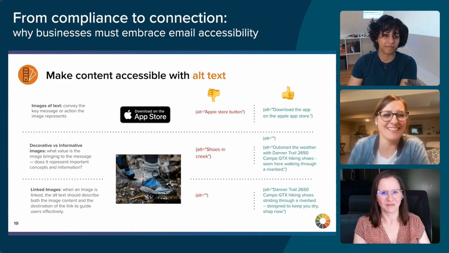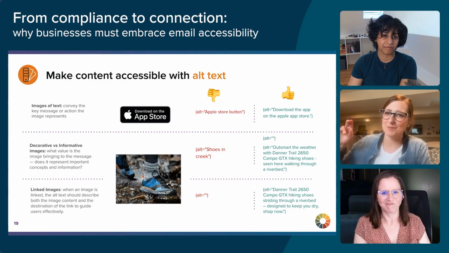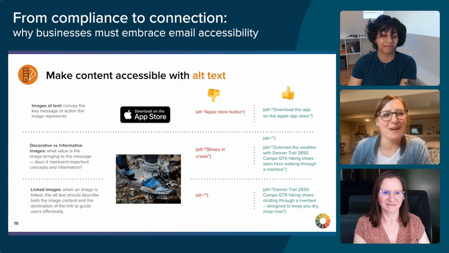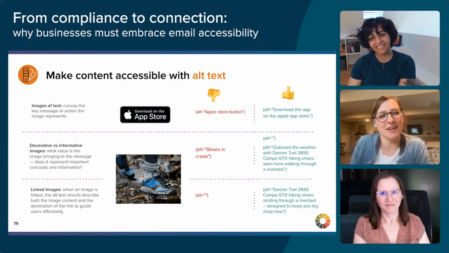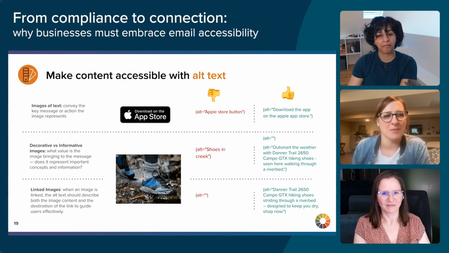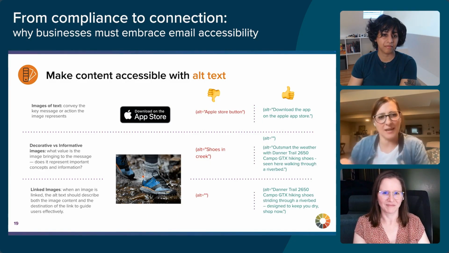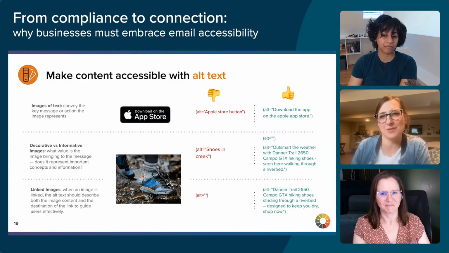How often we see these images given a vague and unhelpful description, like "App Store." A better approach is to add more context, showcasing what the text actually says. So in this example, you could say, "Download the brand app at the Apple App Store."